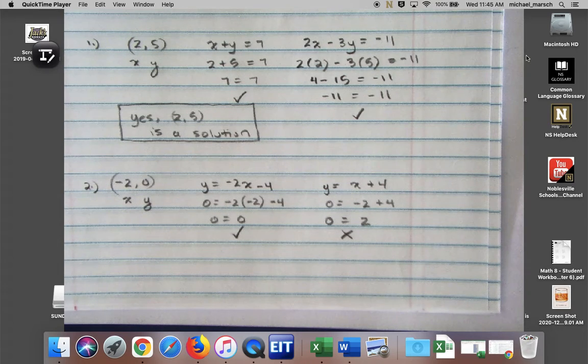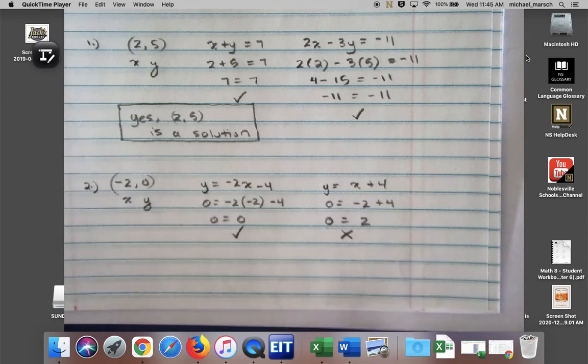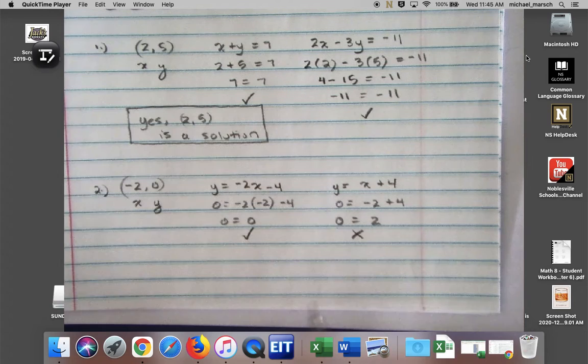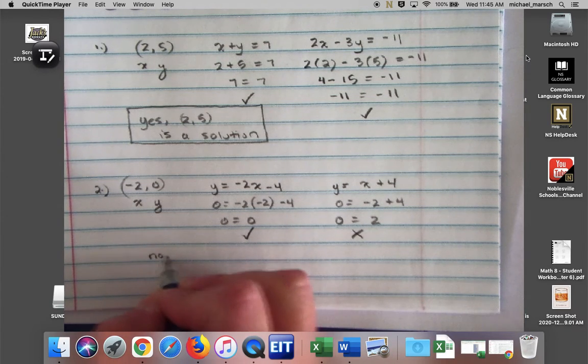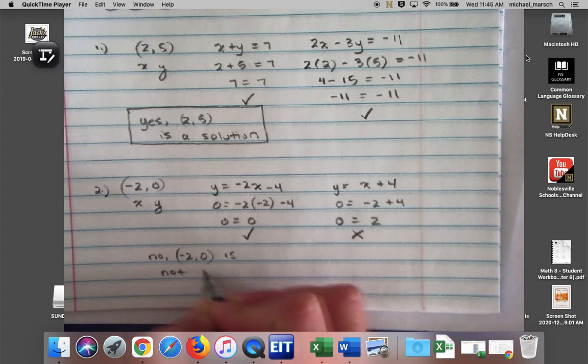Hopefully you found the same thing I did, that for the second equation in our system, 0 does not equal 2. So the ordered pair negative 2, 0 is not a solution for this entire system. Our answer would be no.